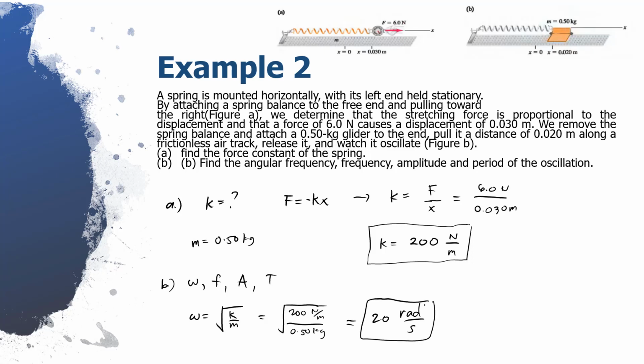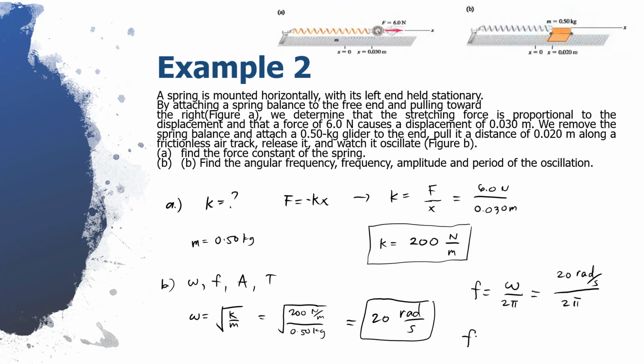Okay. Next, we can also solve for the frequency. Frequency is equal to omega over 2 pi, and omega is 20 rad per second divided by 2 pi.